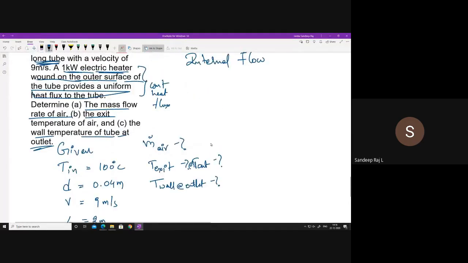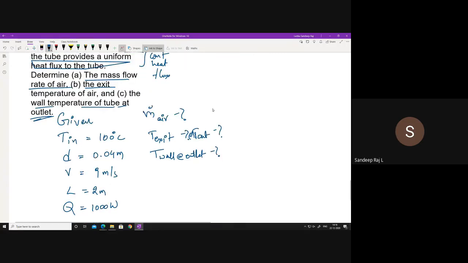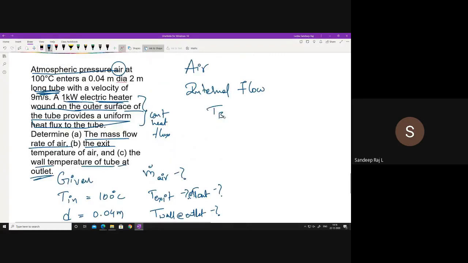See, I am skipping the bulk mean temperature story here. Why am I skipping this? Because the exit temperature, or T out, is not known. T bulk mean is equal to T in plus T out by 2, but in this particular problem, T out is not given, and it is being asked in the question.